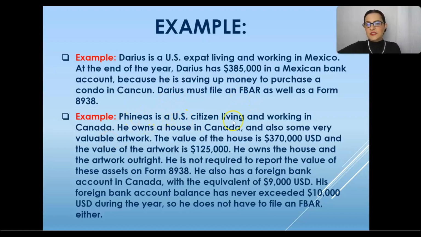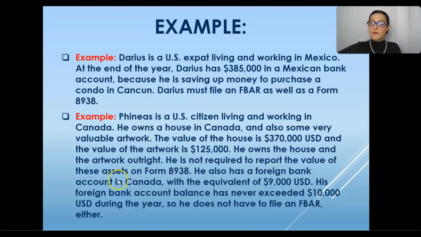Phineas is a U.S. citizen living and working in Canada. He owns a house in Canada and also has some very valuable artwork. The value of the house is $370,000 and the value of the artwork is $125,000. He owns the house and artwork outright in his own name. He is not required to report the value of these assets on Form 8938.